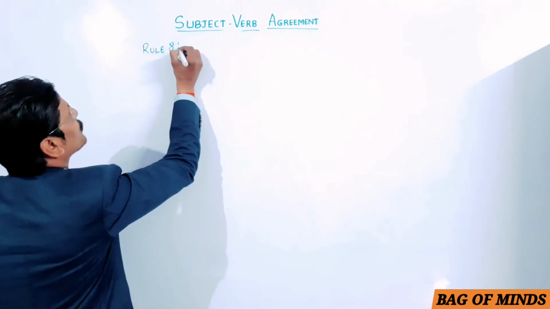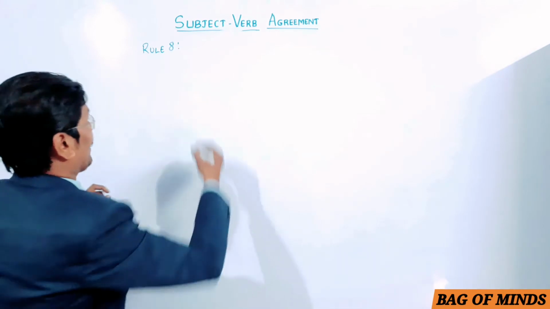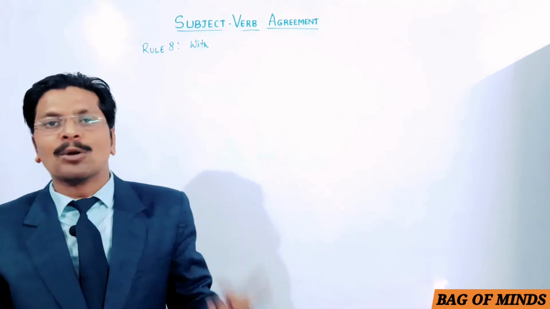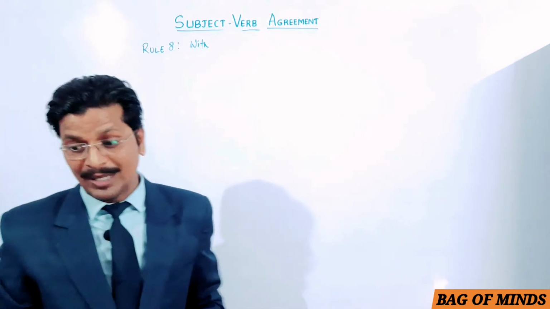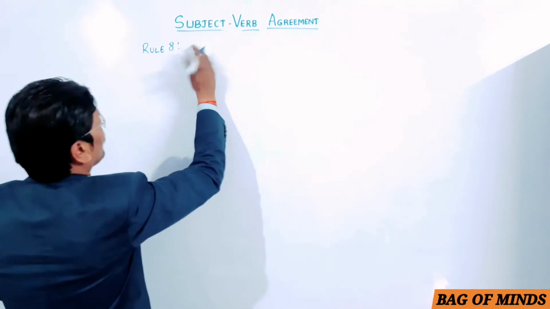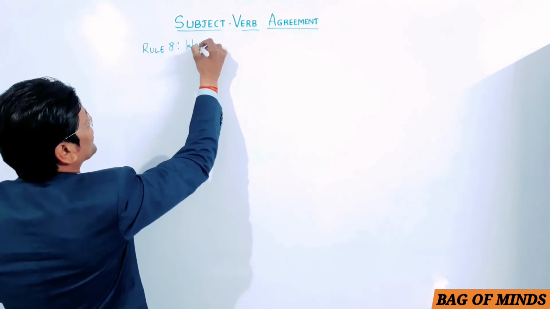Now let's move to rule number 8. Here, it is again a unique one. Why? Because many times it has been noticed students have made mistakes with it. So let's have a look at it. Now here, alright, my mistake, let me correct it.